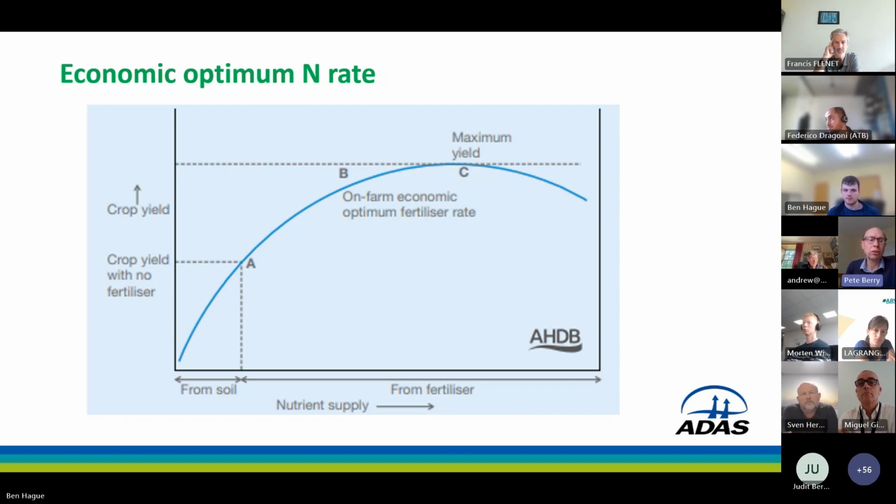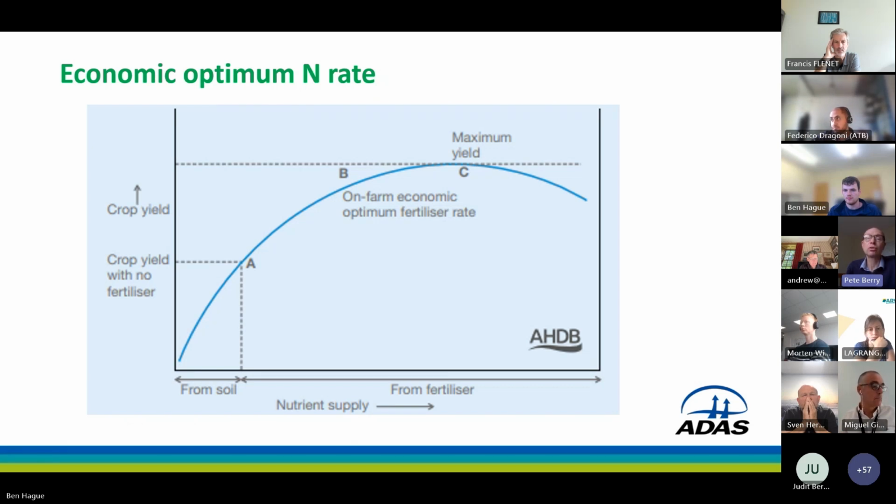And then the y-axis, the vertical axis, describes the crop yield. And you can see that the initial increase in yield comes from nitrogen supplied from the soil, and that takes you up to maybe 2 to 5 tons per hectare for a cereal crop, for example, and that brings you up to position A on that graph.